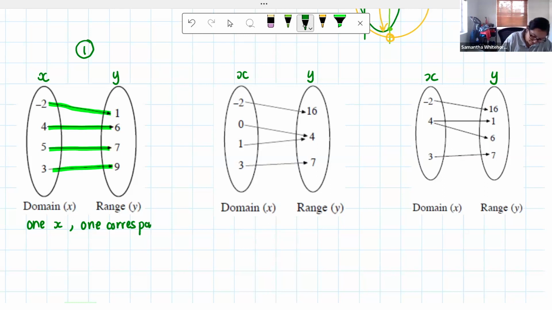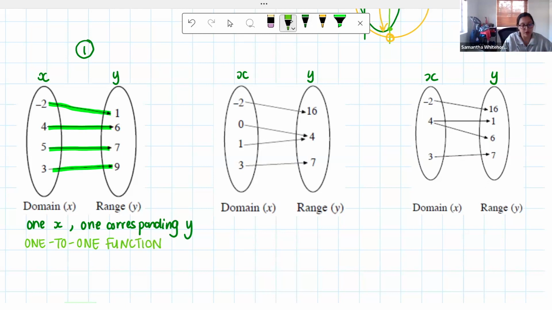Now when we have one input, one output, and that's how it exists for our entire relationship, we have a function.